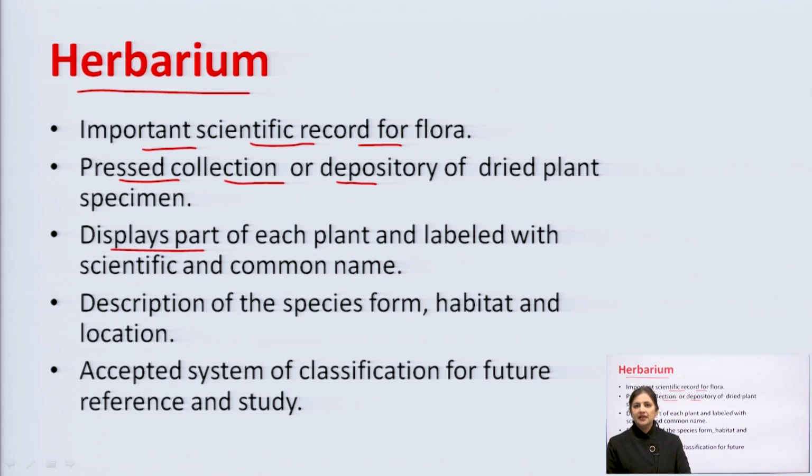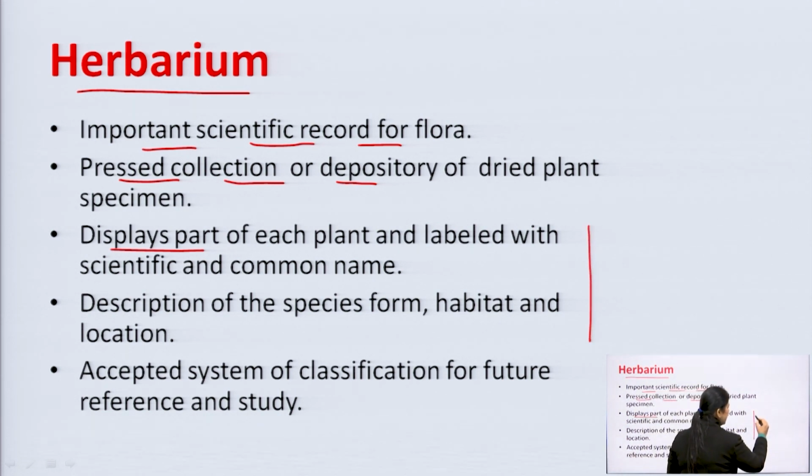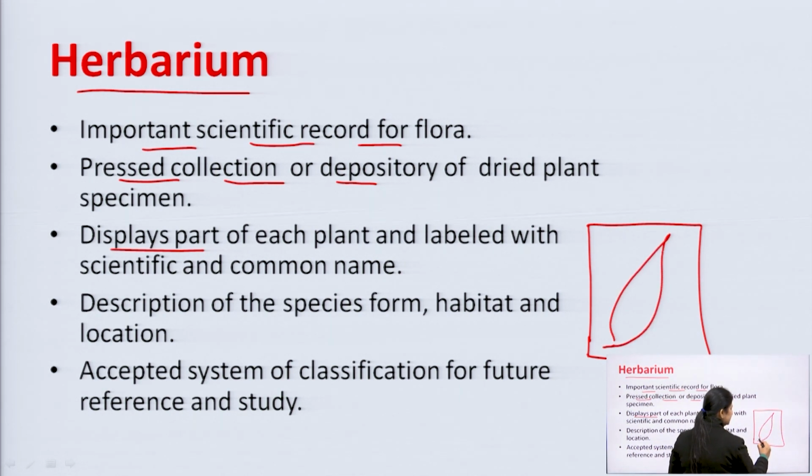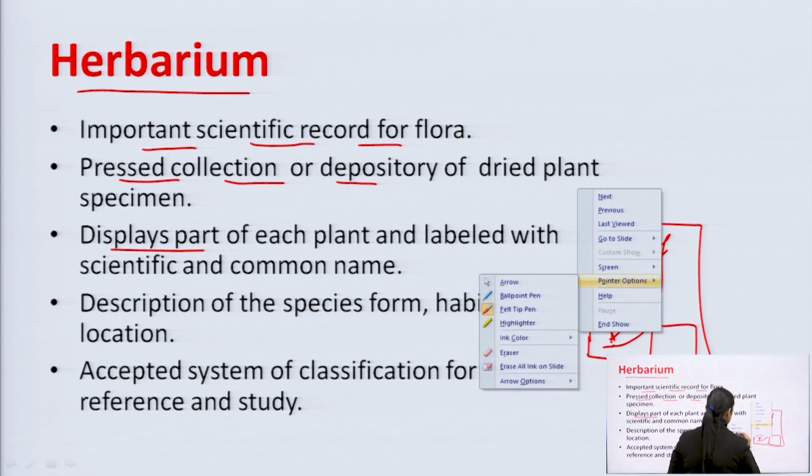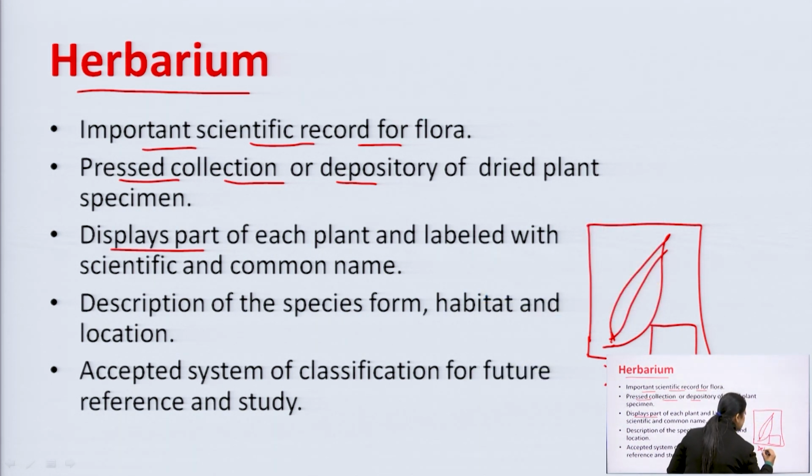इसका basically purpose क्या है? When in future you're going to collect the same plant part, you can refer to the herbarium and you can establish its identity. Say for example, you have these sheets with you. Now I have dried a leaf and pasted this leaf, and here I am going to give all the details, all the information about this leaf.